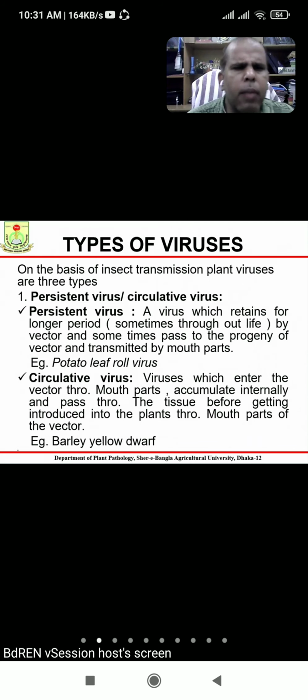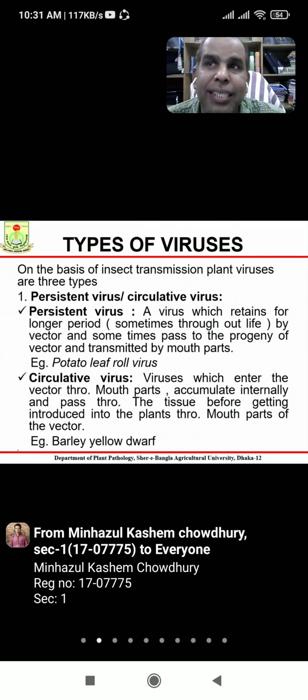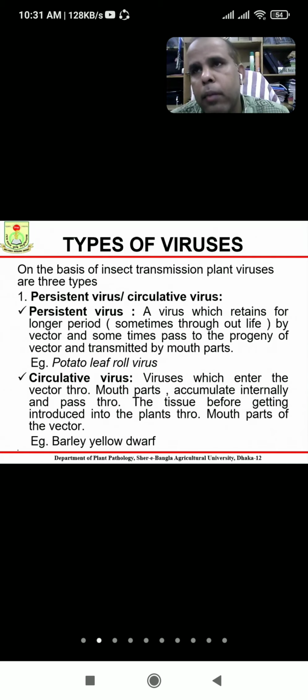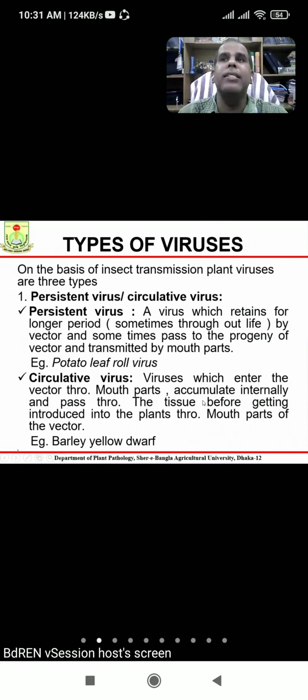What do we mean by persistent or circulative type? Persistent type means the plant virus persists in the infected plant or infected insect for a longer period of time, meaning it can survive a long time within the infected plant or the carrier insect. Circulative means some plant viruses also circulate in the insect body.